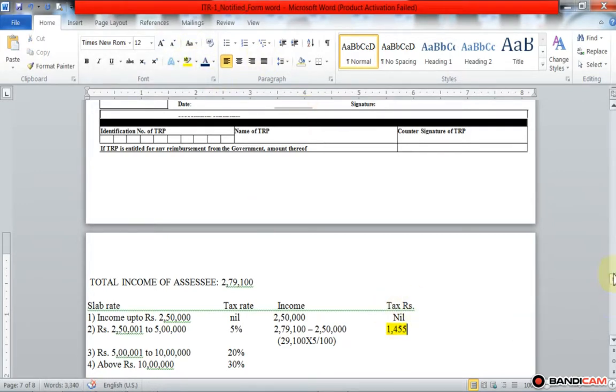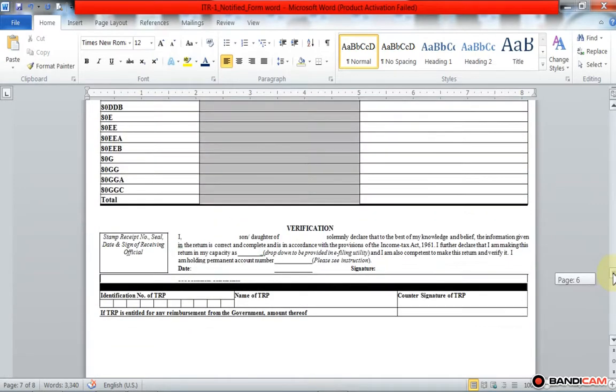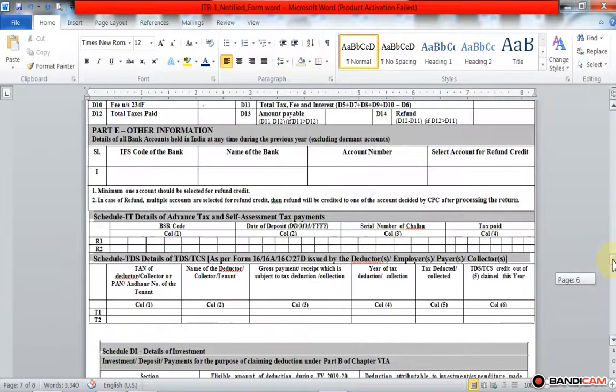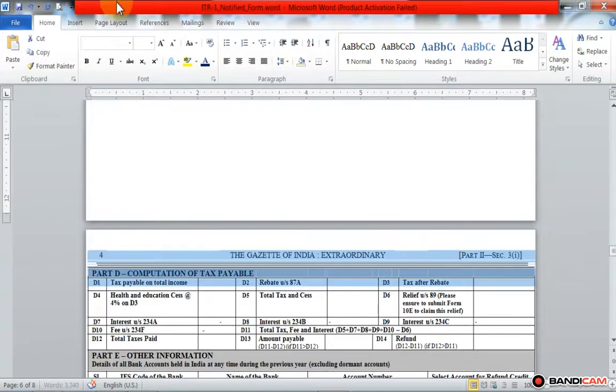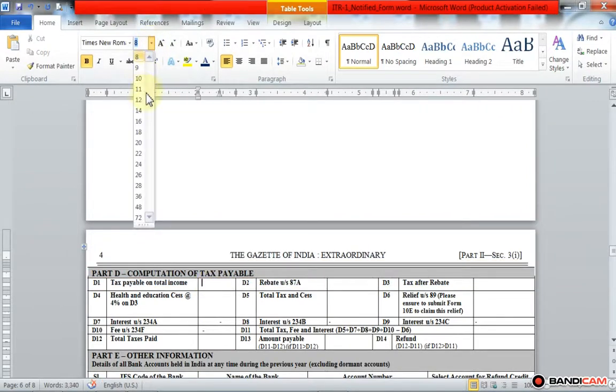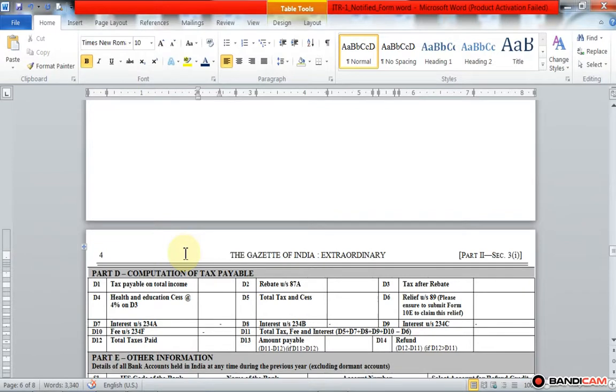Okay, then put the tax in tax payable, that is here amounted to rupees 1,455.